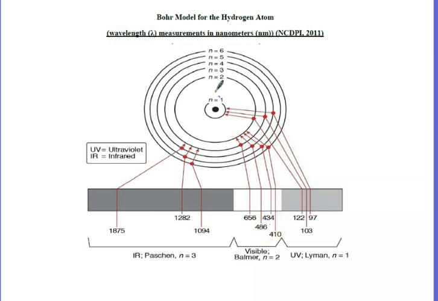So this is wavelength in nanometers. So this is 434 nanometers for your wavelength. So you just can trace that line from 5 to 2 and see what its wavelength is. And you can see that that's in the visible spectrum right there.